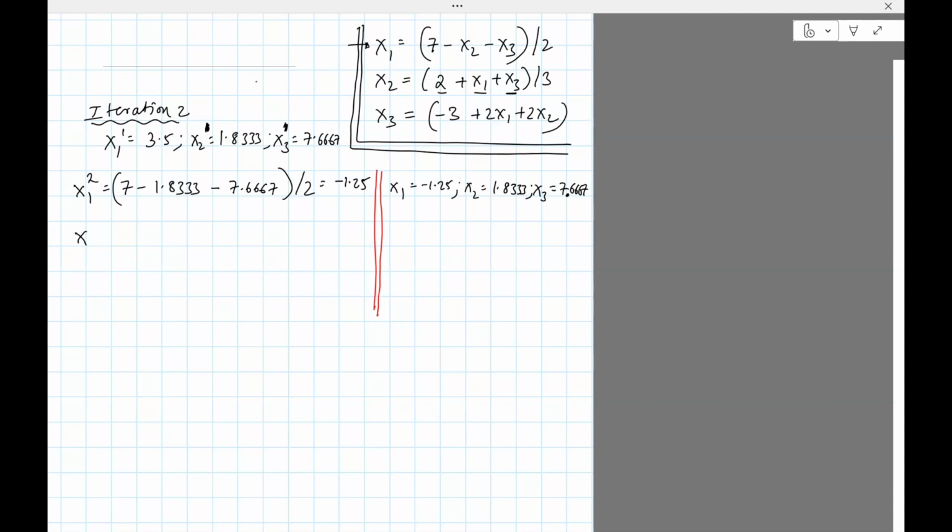Okay, now new guess, x2 iteration 2, using this formula is 2 plus x1, so that's the new x1, which is negative 1.25, plus x3, so it's plus 7.6667, the whole thing divided by 3.